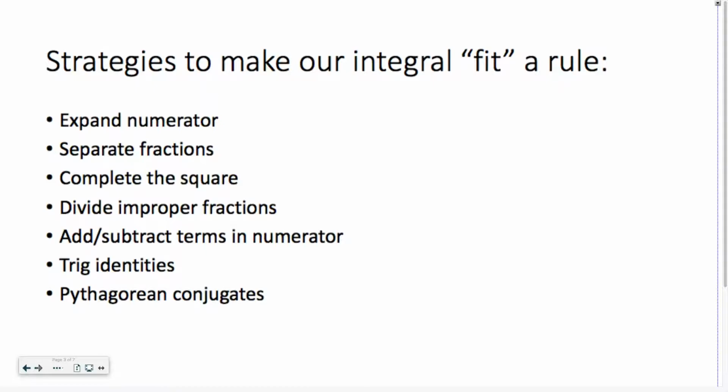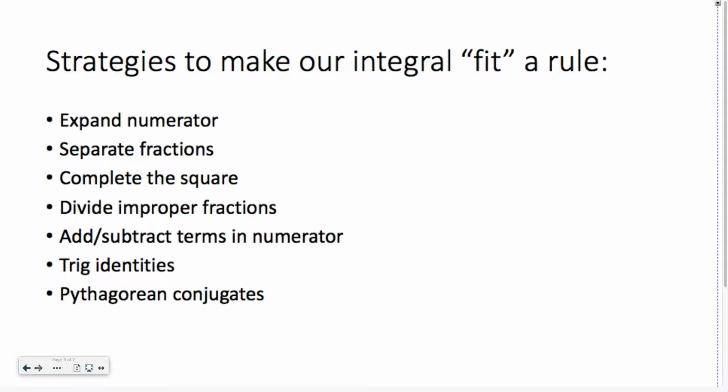We have some rules that we talked about yesterday that rely on us to have perfect squares underneath, right? A squared plus u squared, a squared minus u squared. So it could be in our benefit to complete the square to force those arctangent or arcsine rules to occur. Okay.